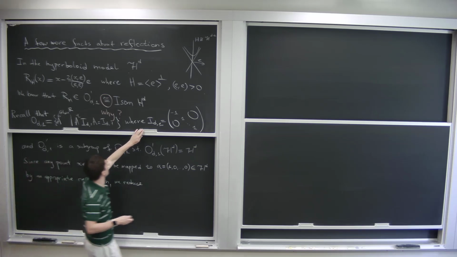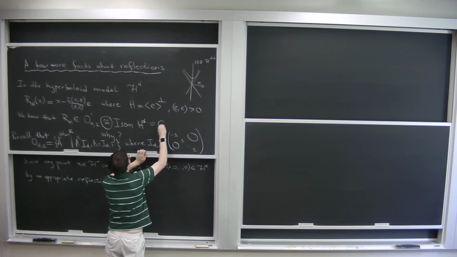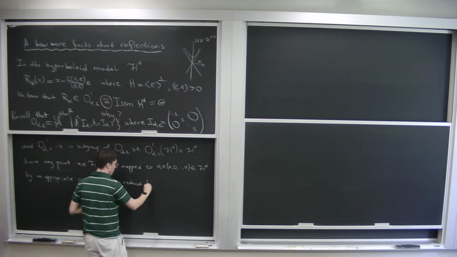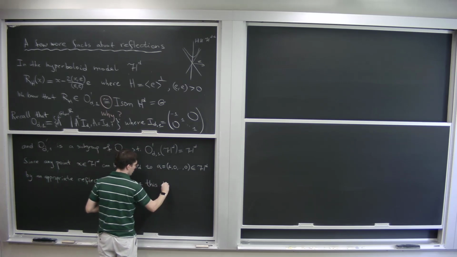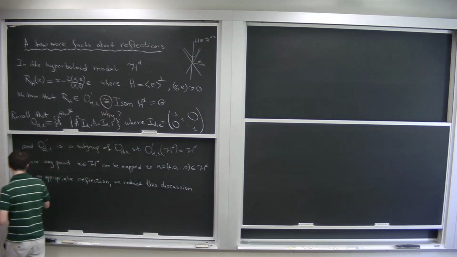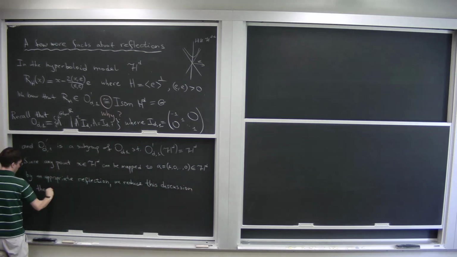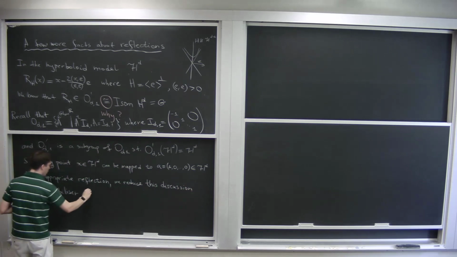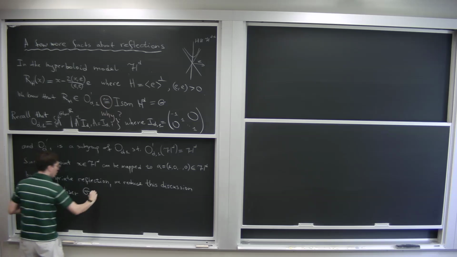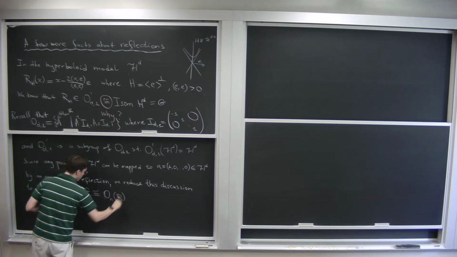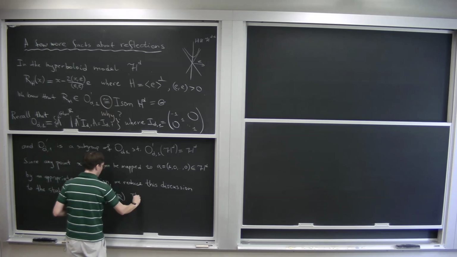Let me denote the isometry group as G. We reduce this discussion to the stabilizer G_A, which is known to be isomorphic to an orthogonal group.